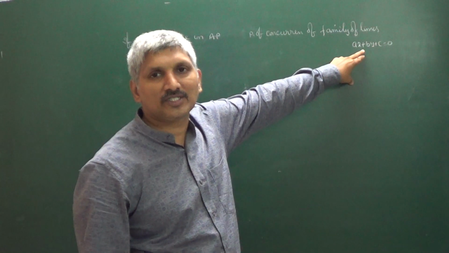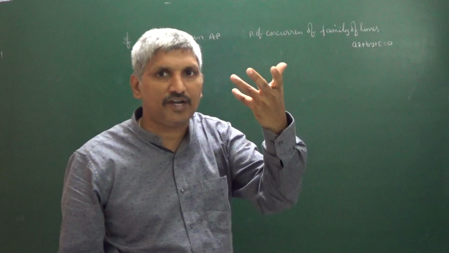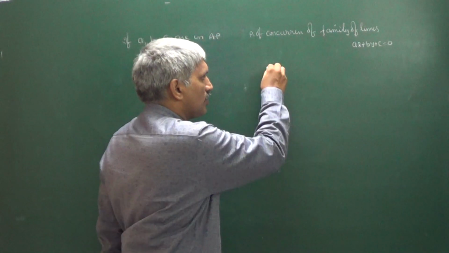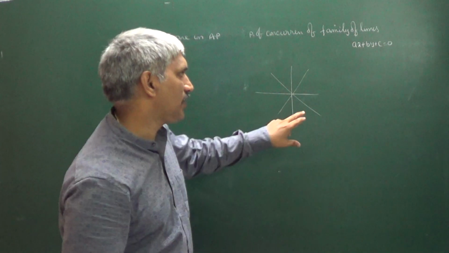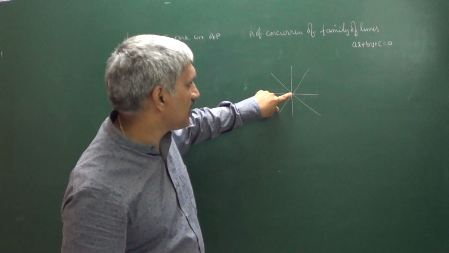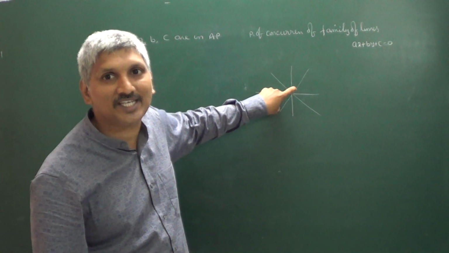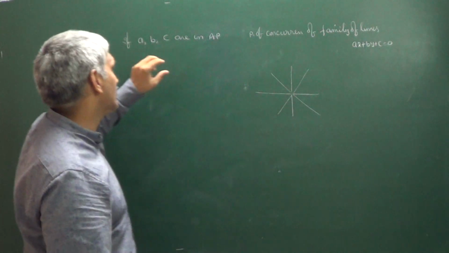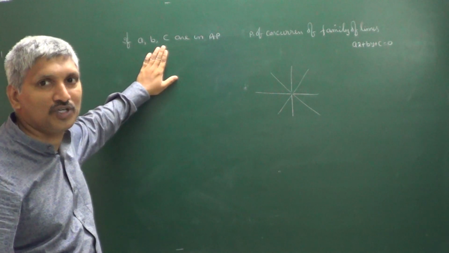AX plus BY plus C is equal to 0 means for different values of A and B you will get different lines, right? So many lines are possible. For this family of lines, he is asking for this point of concurrence, this point of intersection, that we have to find out, under the condition that A, B, C are in arithmetic progression.